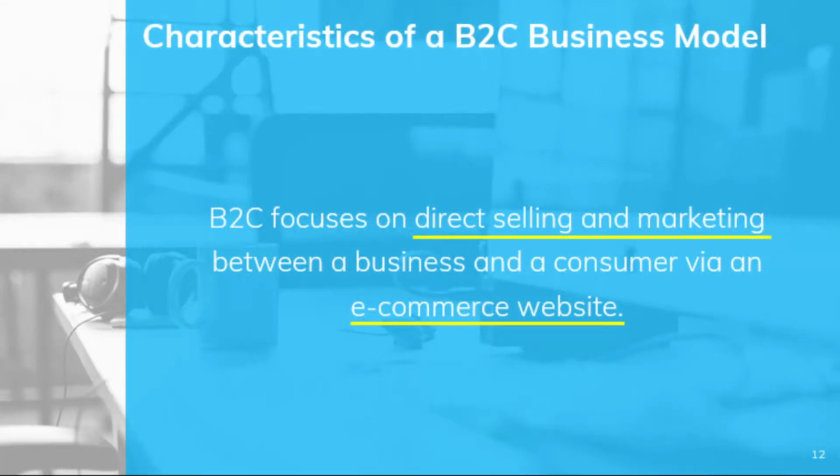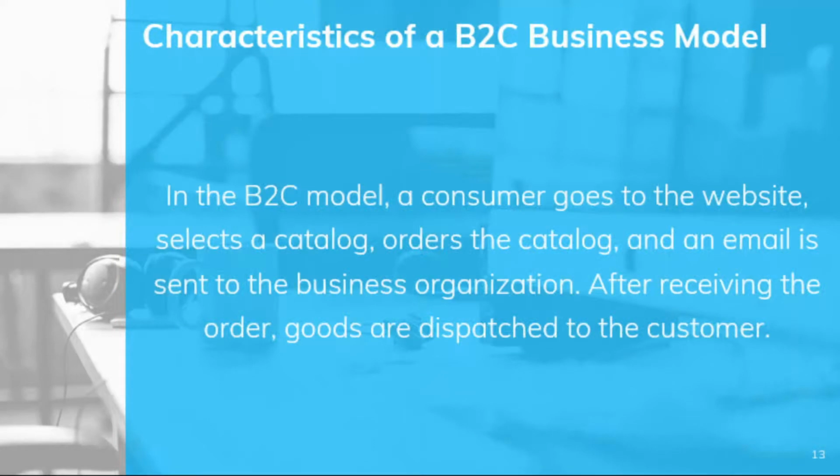So that's the first one. Then the second one is that the B2C model is where the consumer goes to the website, selects a catalog, orders the catalog, and email is sent to the business organization. So after receiving the order, the goods are dispatched to the consumer, right?